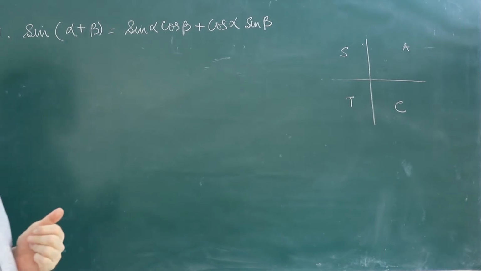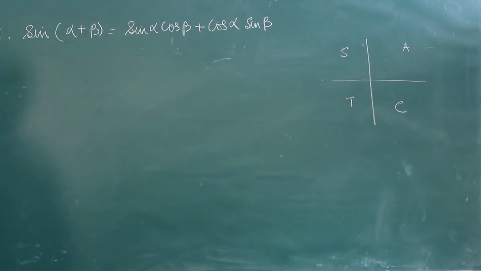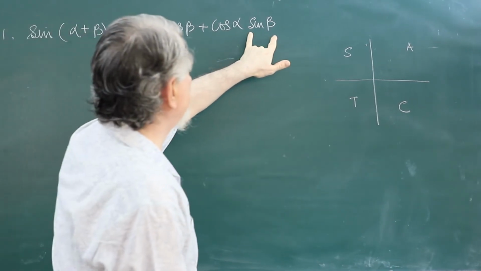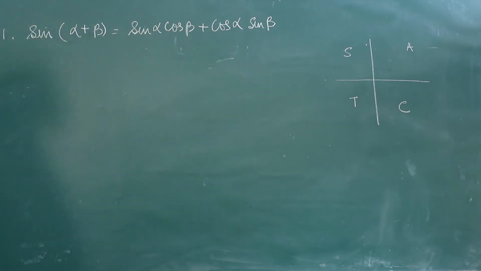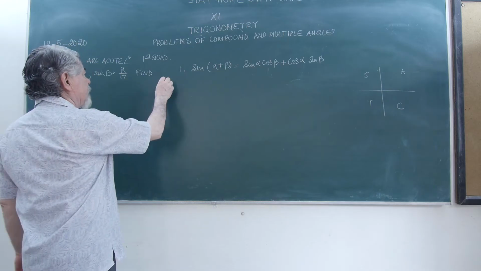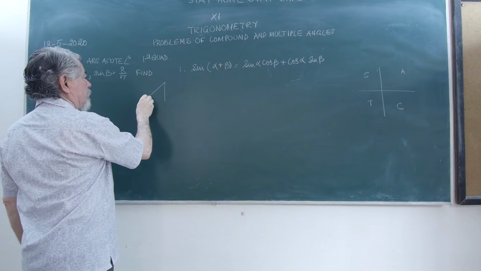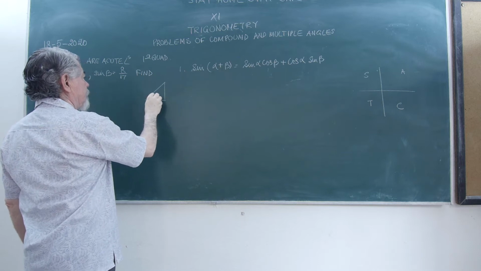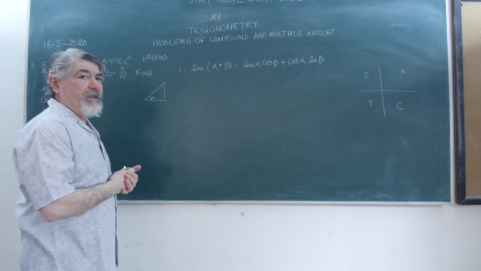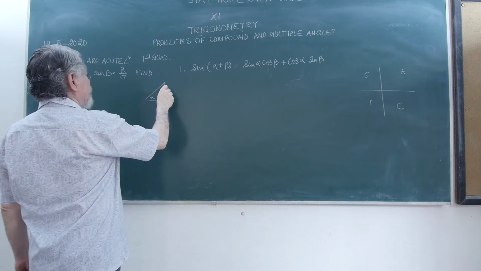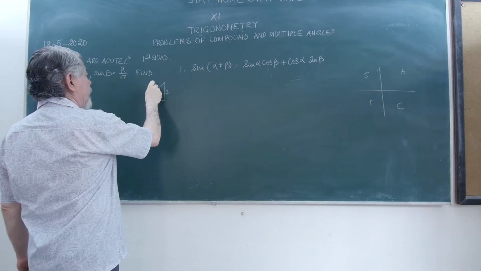Now let us see what is given to us. We have got sine alpha, we have got sine beta. We don't have cos alpha and cos beta, so we have to calculate their values. There are two ways. By making a simple right angle triangle. Suppose this is alpha. Sine alpha is 3 upon 5, perpendicular upon hypotenuse.